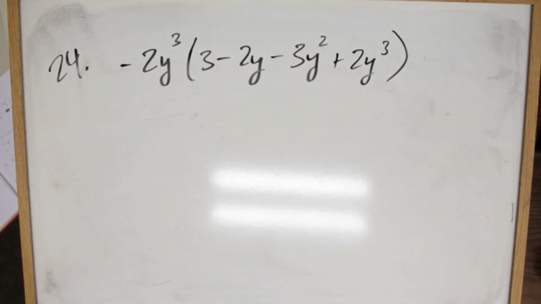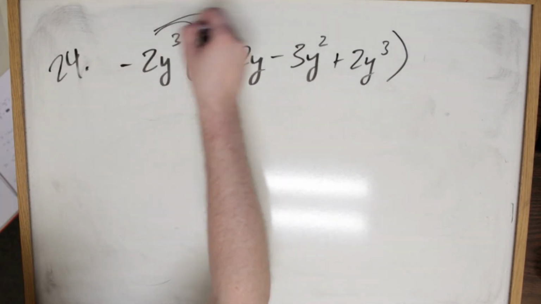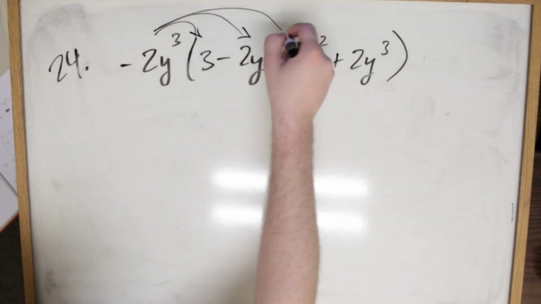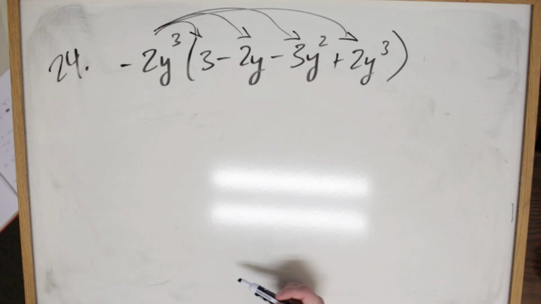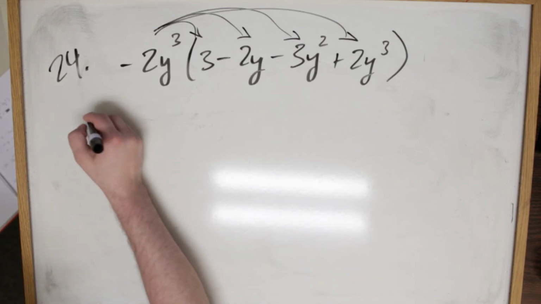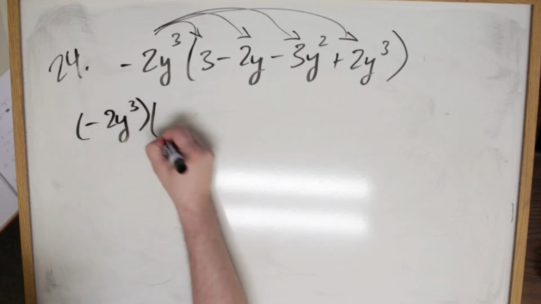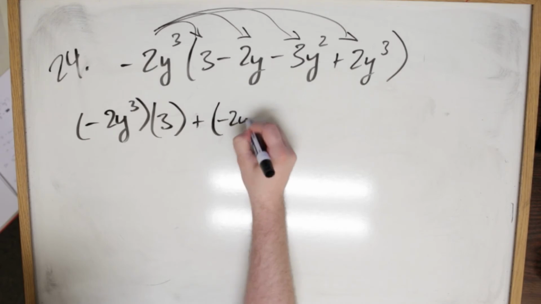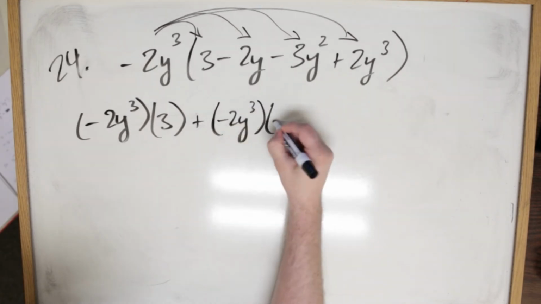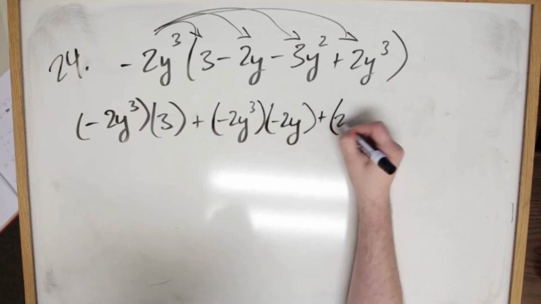Okay? And so, like I said before, we're going to distribute this to every single piece. Okay? So in this case, there's 4. So we have a minus 2y to the third times 3 plus a minus 2y to the third times minus 2y plus a minus 2y to the third.